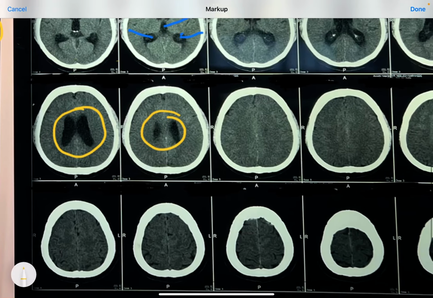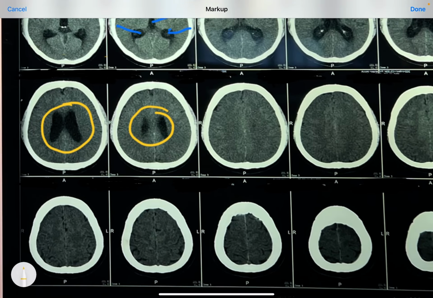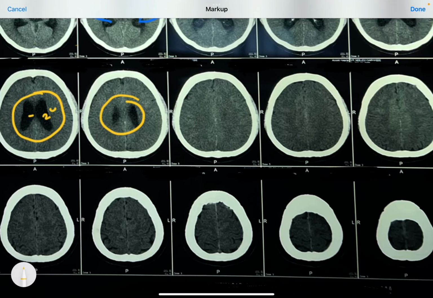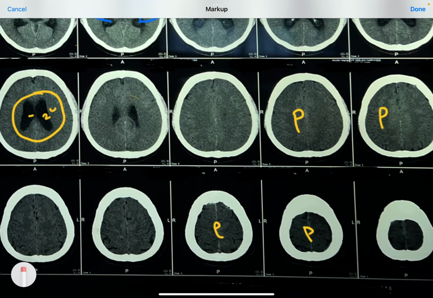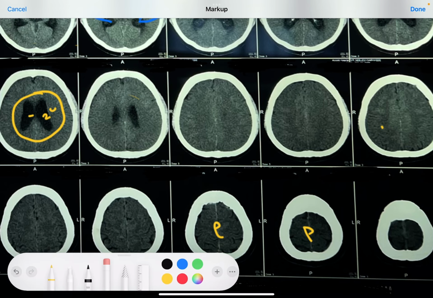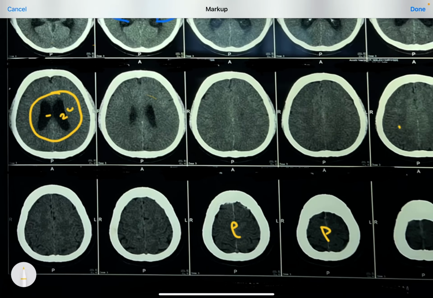We can also make out that because of this dilatation of the first and second ventricles, the sulci and gyri are much less apparent in the parietal cortex. This is all parietal cortex, as we know, the uppermost portion of the cerebral cortex. Here, you are not able to see the sulci crystal clearly.